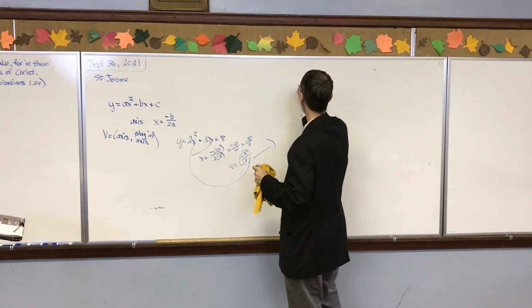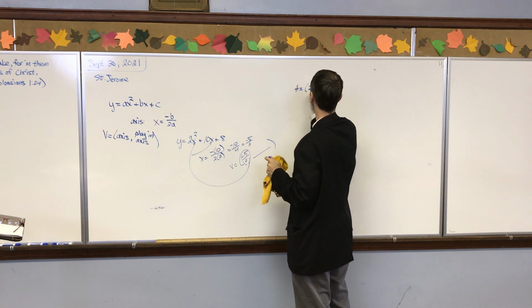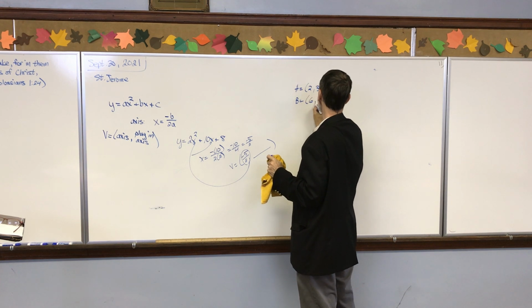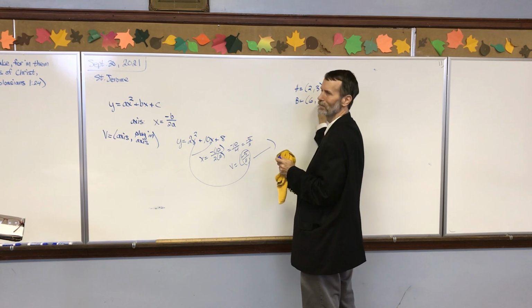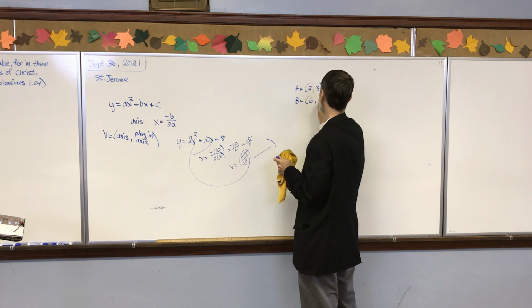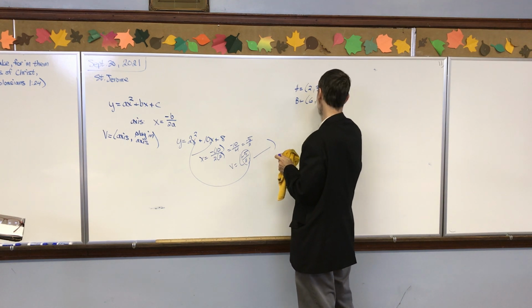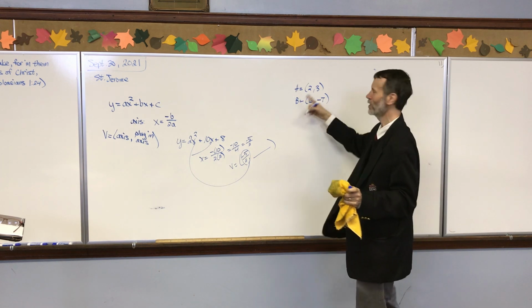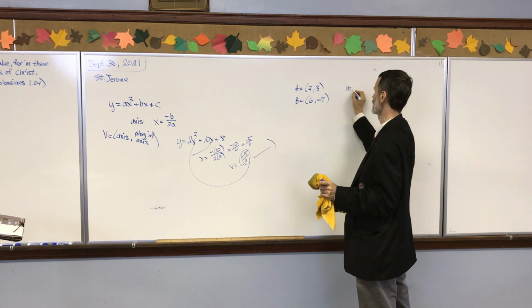Let's just say point A is 2, 3, and point B is 6, negative 7. So I want to find the line through these 2. First thing I need to find is the slope.